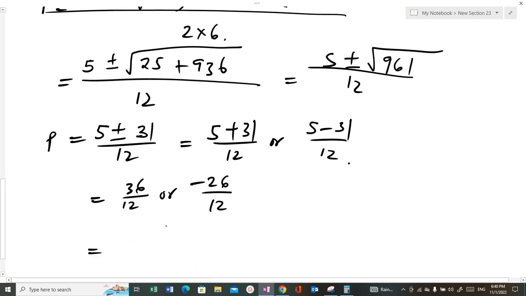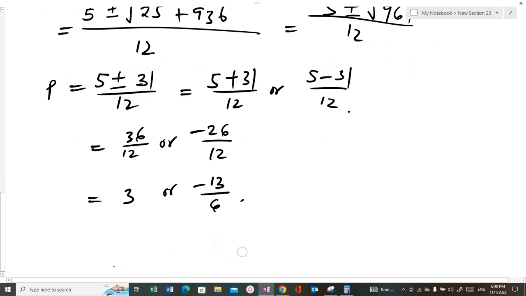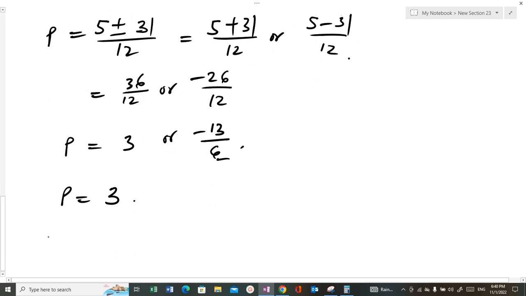Now 36 over 12 is 3, or minus 26 over 12, 2 can divide this, you have minus 13 all over 6 as p. Now the negative value is undefined, so p cannot be a negative value, so the only value left here is 3.